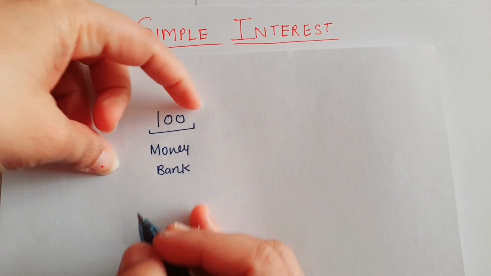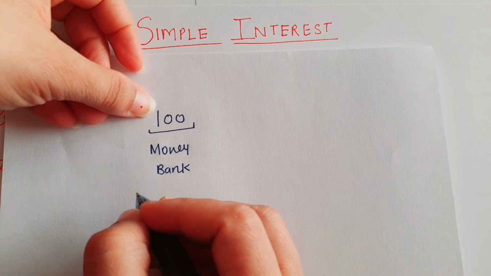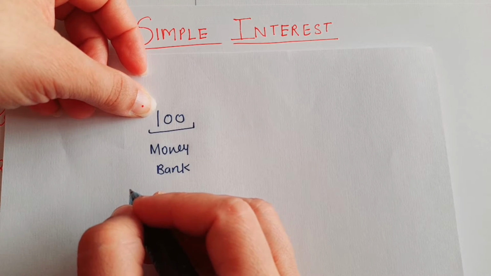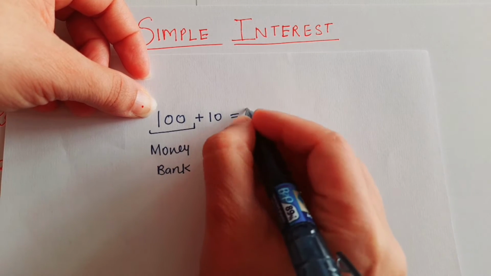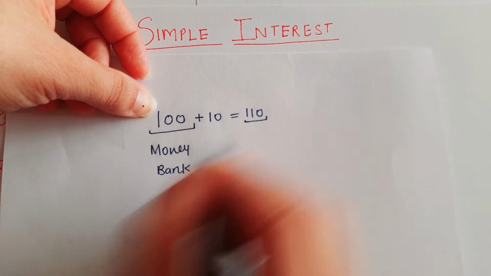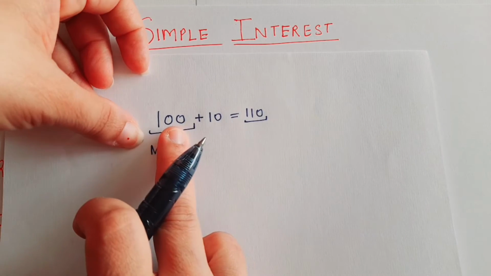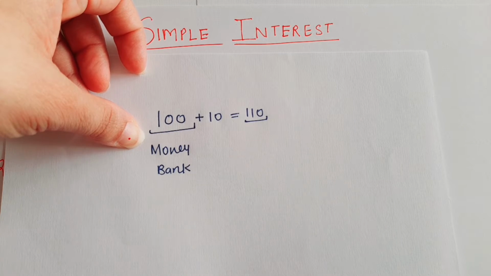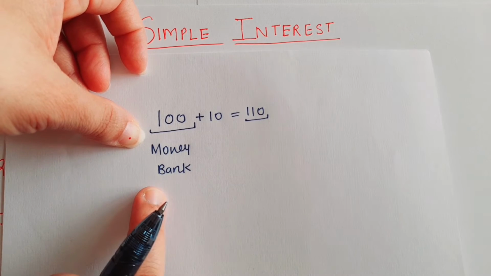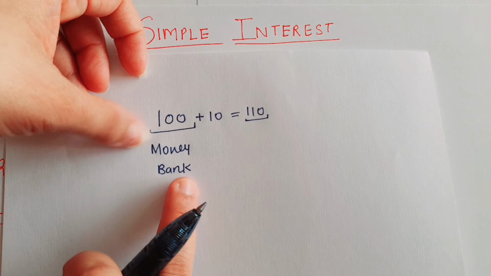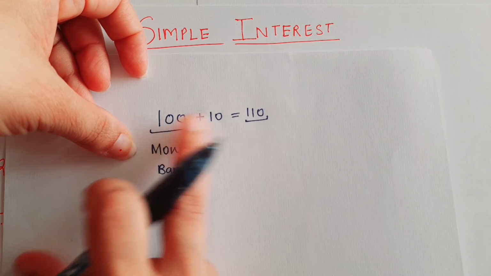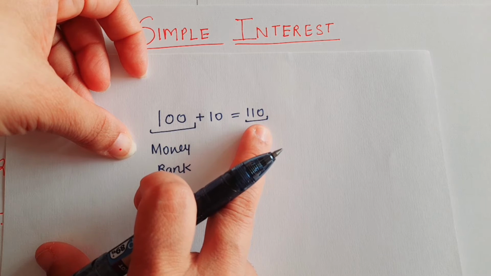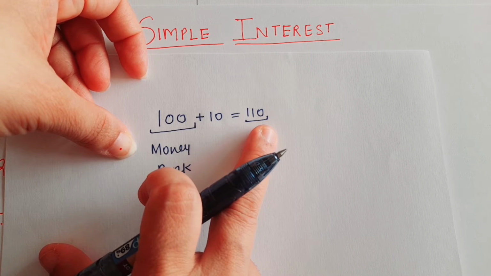Your dad asks that if you will give me this 100 rupees for 1 year, then after 1 year I will return you 110 rupees. Instead of 100 he will return you 110, okay? If you keep your money in your money bank, it will remain 100 only. But if you give it to your dad, he will return you 110.